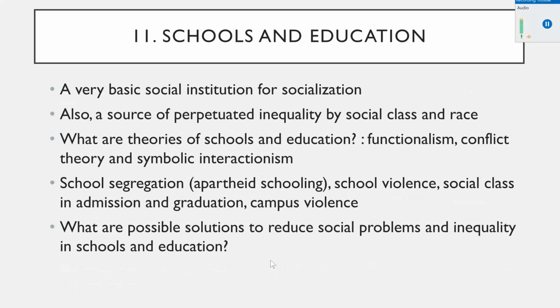Schools and education. School is also a very basic and early social institution, because from kindergarten or the daycare center, children start their socialization. This is a very important form of socialization, but it is also a source of perpetuated inequality, because the quality of education matters for development and intellectual challenges.